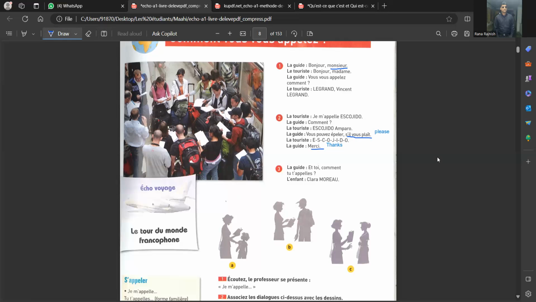Which dialogue will go with picture A? Third one. Okay. Shirish, B picture will go with which dialogue, first or second one? First one. Okay, and the last is B. Second. Okay.